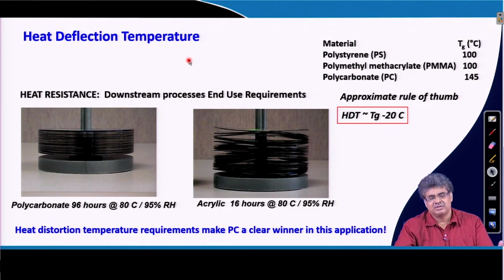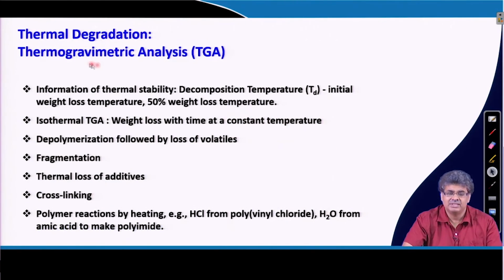I am not discussing all those details. What I am trying to mention is that knowing the values of Tg and Tm is not sufficient from a practical point of view. One should also do experiments which are close to the application the polymers are meant for.